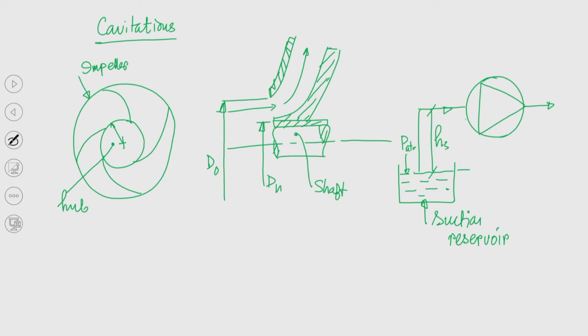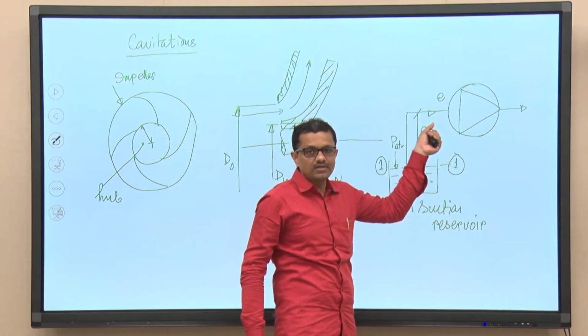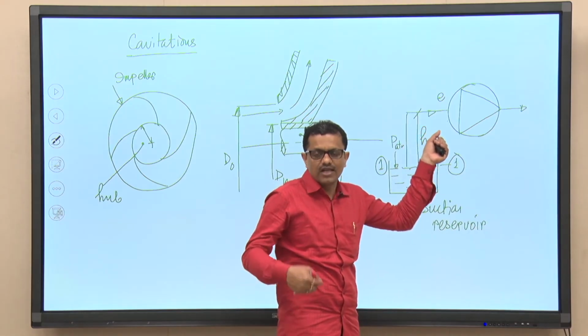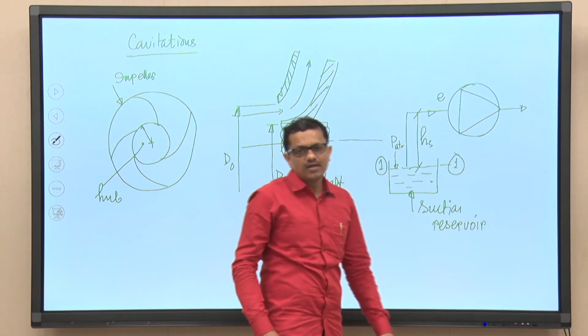The question is, though the pump is drawing liquid from the suction reservoir, chances are that in the course of flow from this point, say this is point 1, this section is 1-1, and this is point E, when there is a flow of fluid from section 1-1 to point E through the suction pipeline, the pressure locally may fall below the vapor pressure.